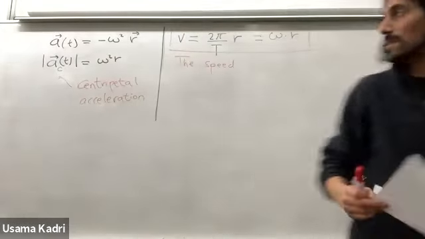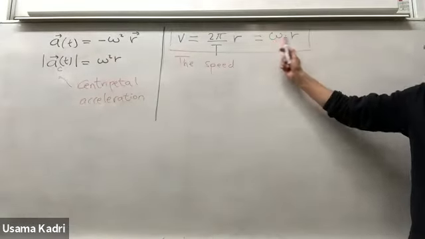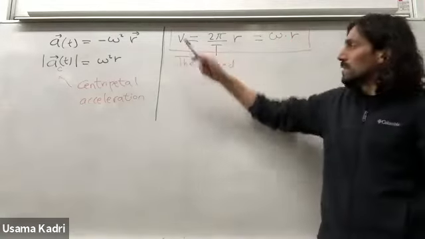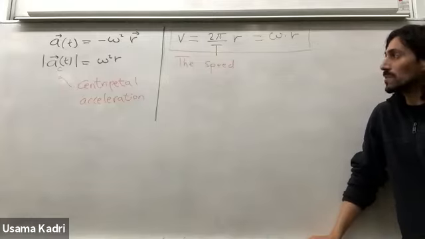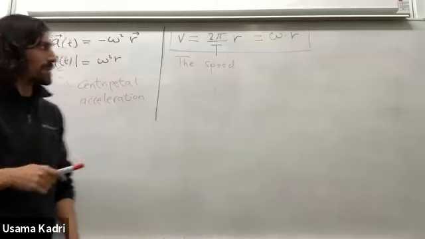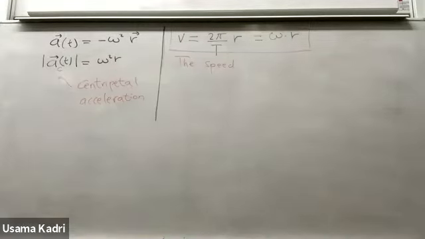The speed is constant. You define omega, you keep r constant, you see that the speed is constant. But the velocity vector is changing at every moment. So there must be an acceleration, as we said.